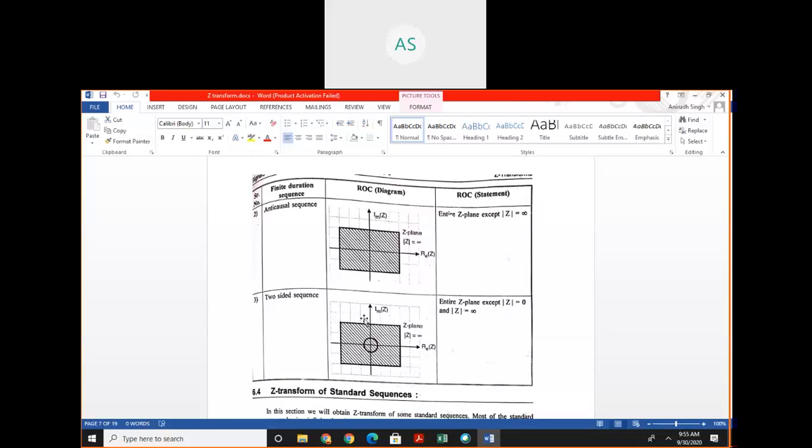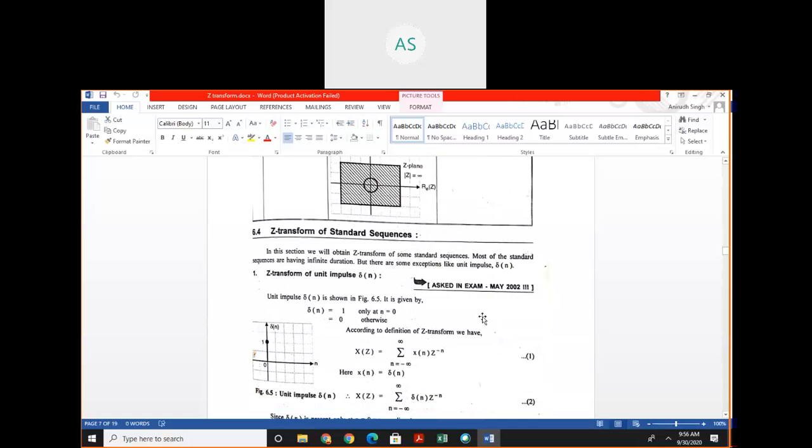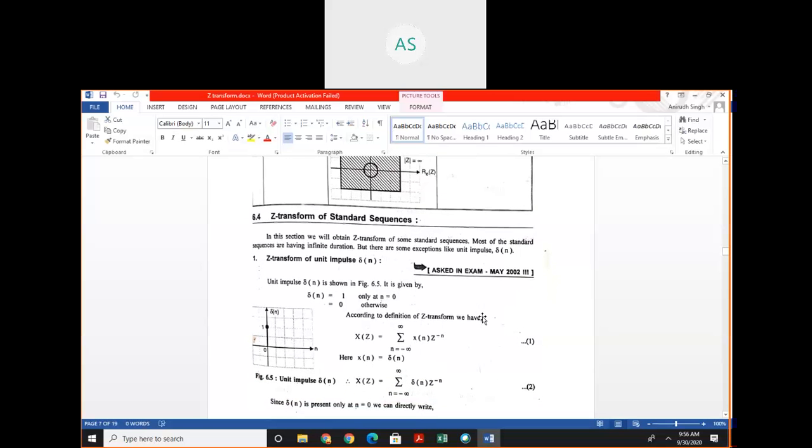For anti-causal sequence, when the sequence exists only for negative values of n, in that case ROC is entire z plane except mod of z is infinite.